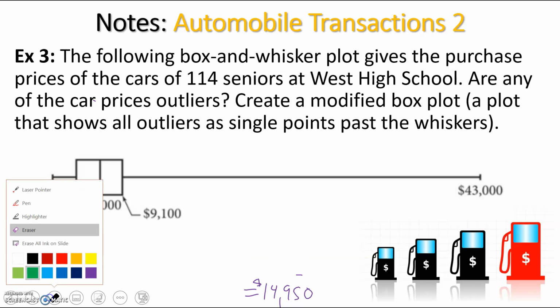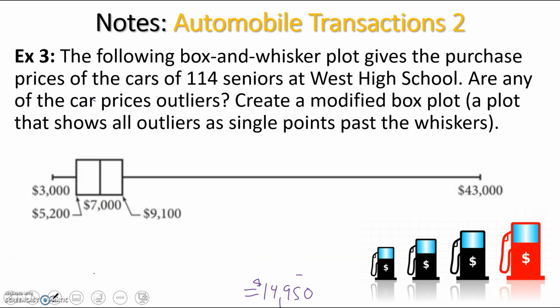So I am going to redraw our box plot. Everything's going to look the same except we're going to stop where that new maximum is. That 14,950 is going to be here. We'll still have everything else the same.